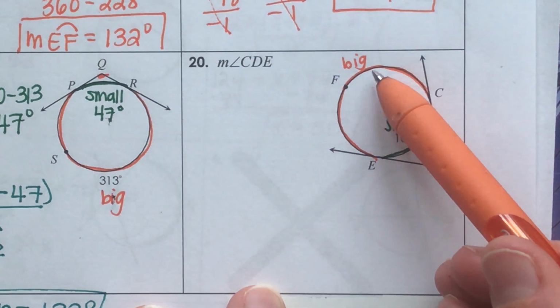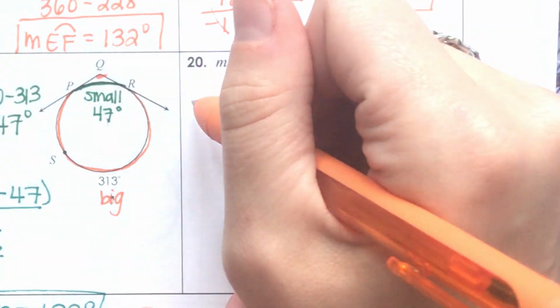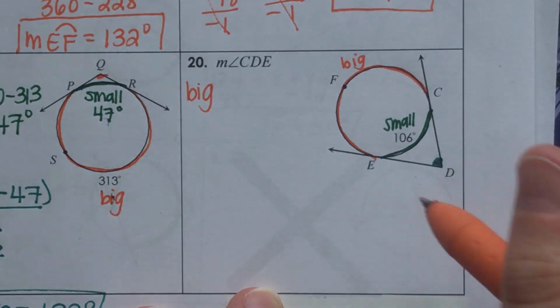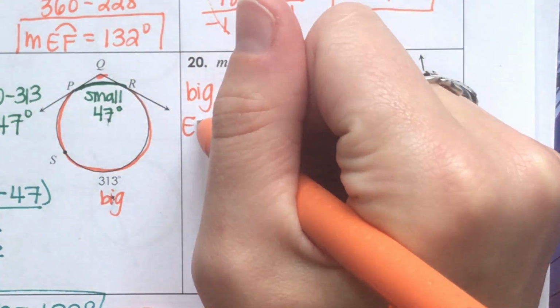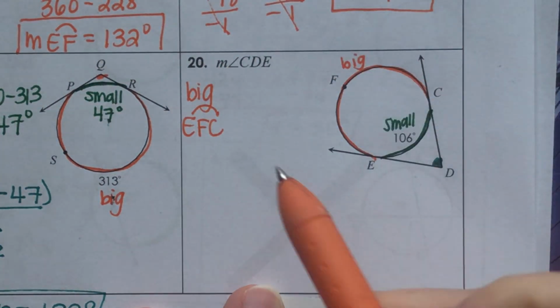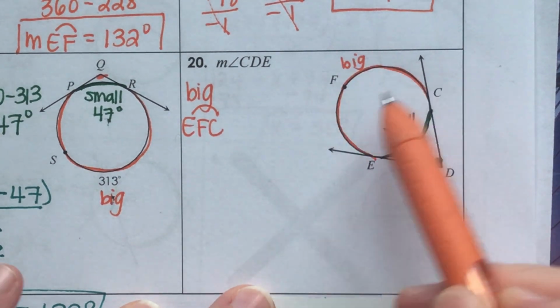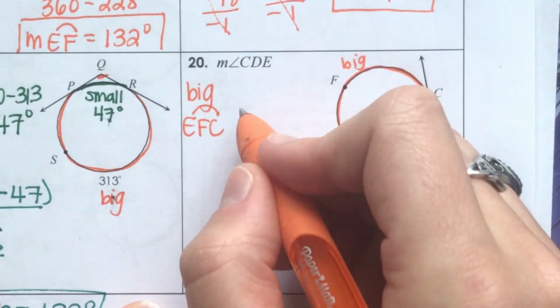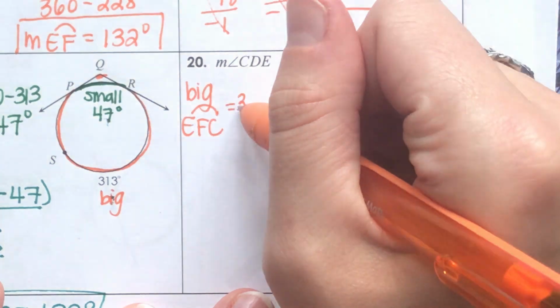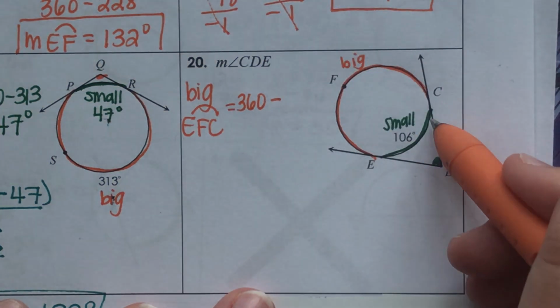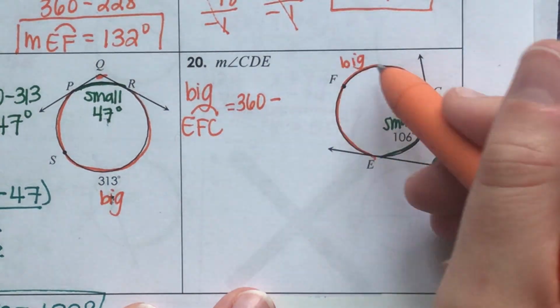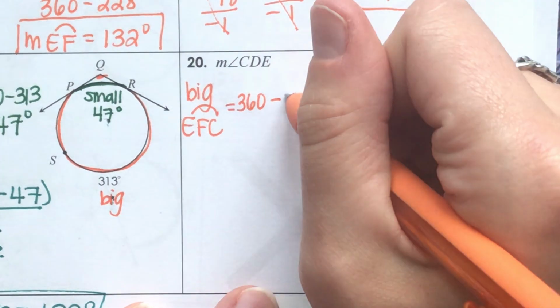So to find this big arc, so that's EFC. Remember, it's a big arc, so if it's greater than 180, we use 3 letters. So to find it, I'm going to take 360 and subtract this green piece, and that will give me what's left over as the orange piece.